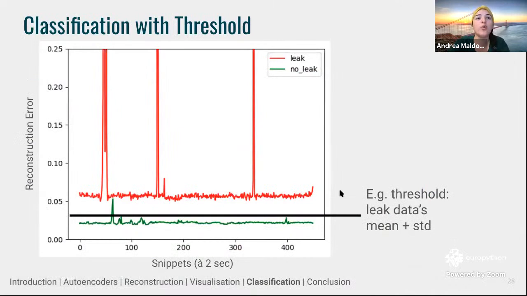All right, we don't want the autoencoder to say there's a water leak whenever your neighbor gets hungry, but still, in our case the autoencoder training was able to do some sort of classification.